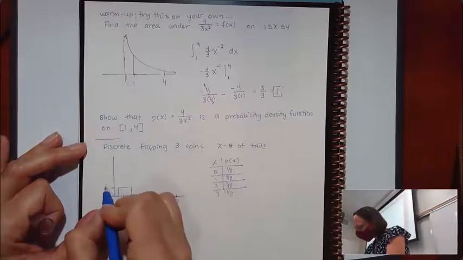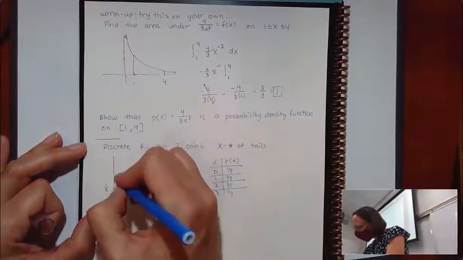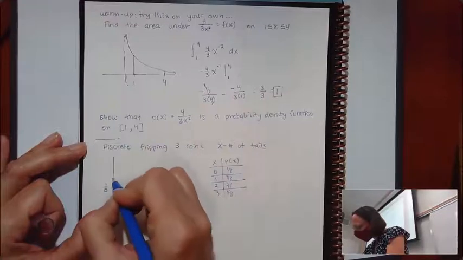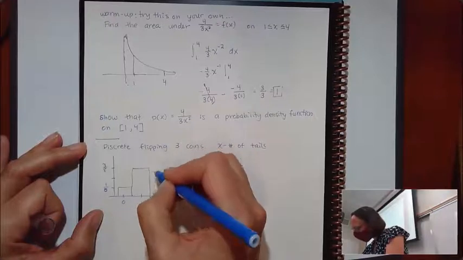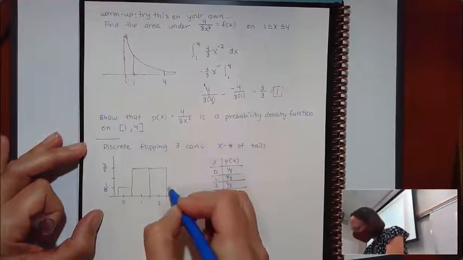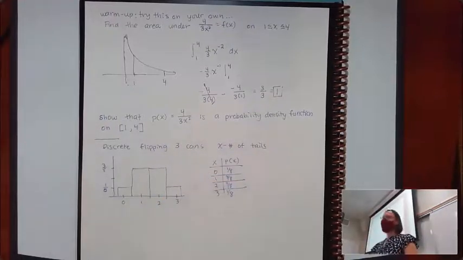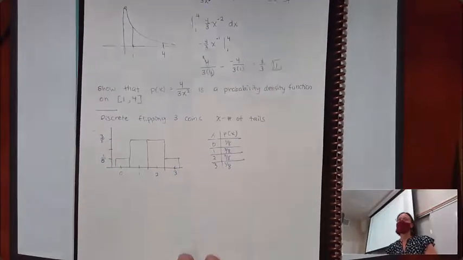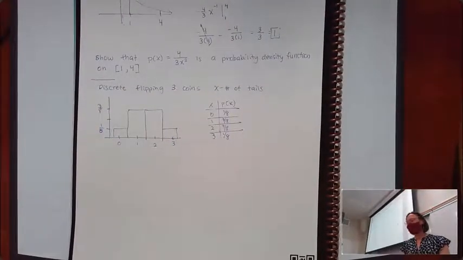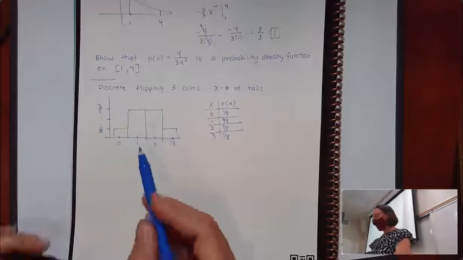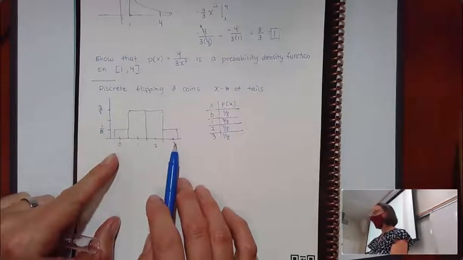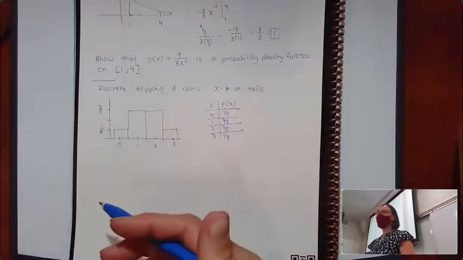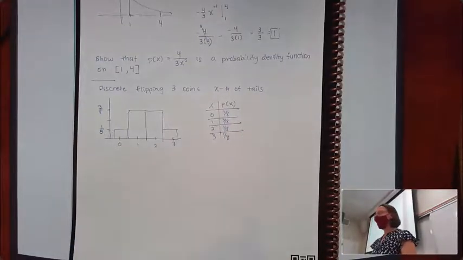So I could have a graph that looked like this, because we took on only the values of 0, 1, 2, or 3. And the area under the graph could still represent those probabilities.